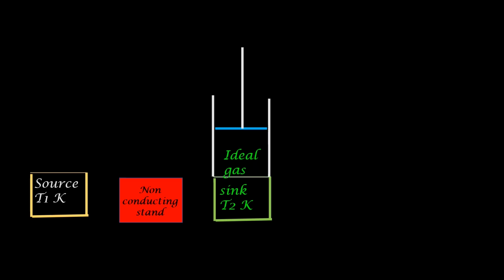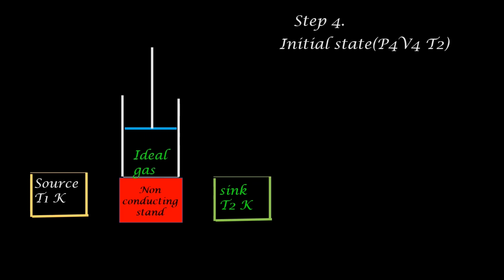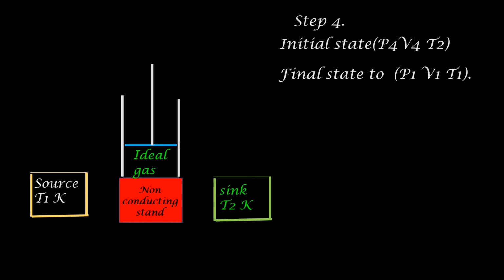Now, the last step, that is step 4. The initial state is P4, V4, T2. That is, the final state of step 3. During the fourth step, the system again rests on the non-conducting stand. The ideal gas undergoes further compression and the state of the system returns to the original state, which was P1, V1, T1.